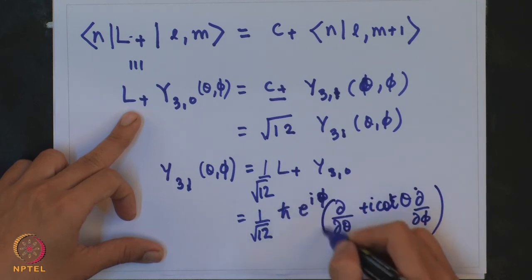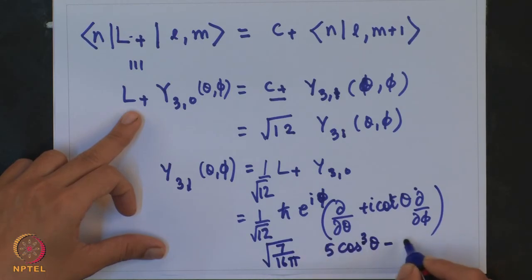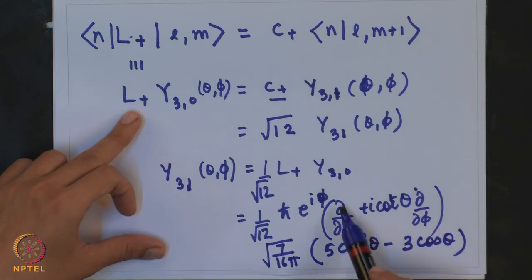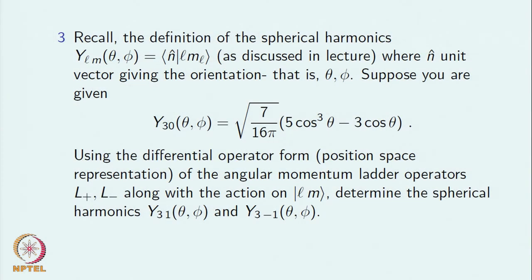And when you operate this on y30, which is nothing but square root of 7 upon 16 pi times 5 cos cube theta minus 3 cos theta, the phi derivative term will not contribute because it operated on this function gives 0. The theta derivative will give 15 cos square theta sin theta minus 3 sin theta, with the minus becoming plus.